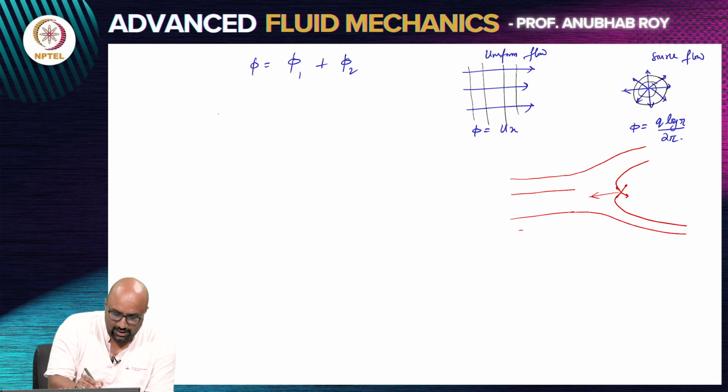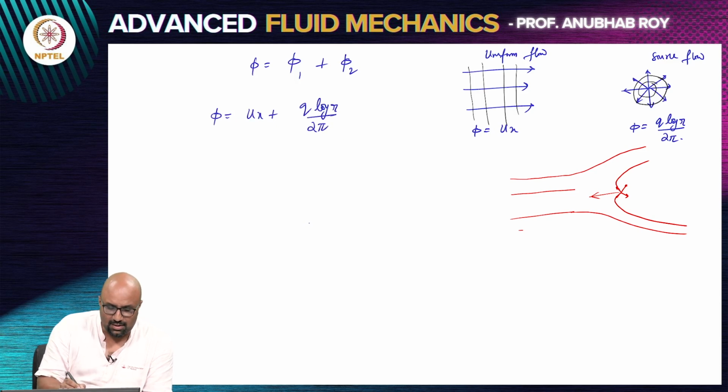Formal calculation means that I have phi equal to u x plus q log r by 2 pi. Now, this is a mixed coordinate system, one in Cartesian, one in cylindrical, so I am going to write everything in polar coordinates.